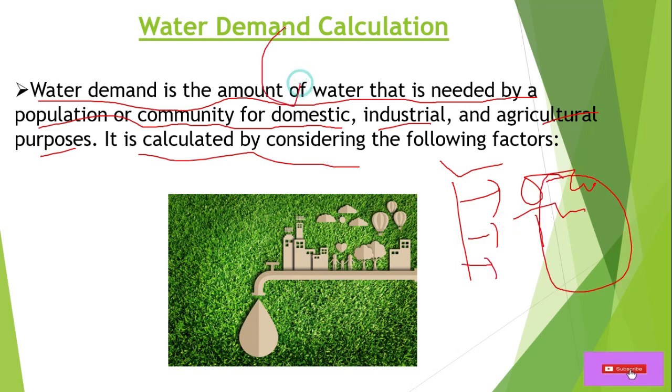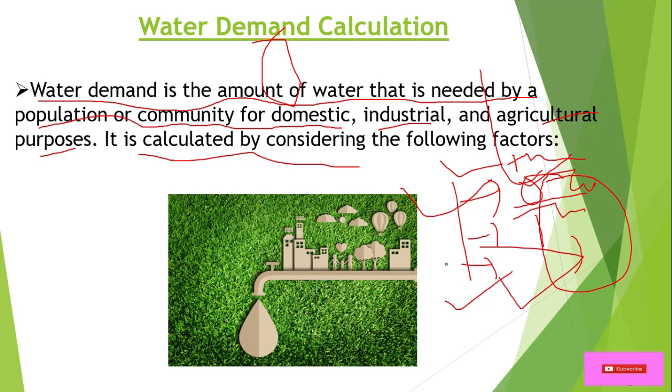To calculate the water demand, we first have to know the type of the building. Which type of building we are going to calculate the water demand for, then the occupant load, how many persons are in that building, and then the water requirement as per NBC code per person.